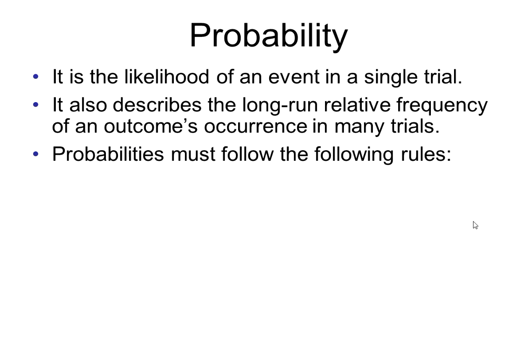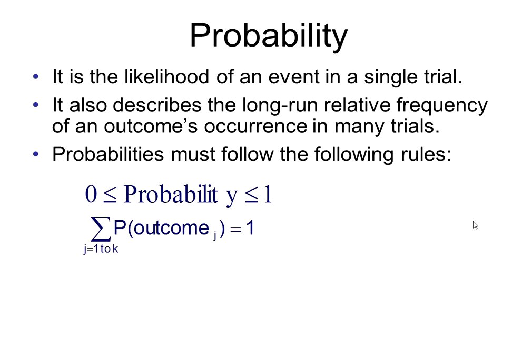And probability has some very strict rules. Specifically, the value of probability is always between 0 and 1, including those. And the sum of the probabilities of all possible disjoint outcomes is 1. This big sigma sign denotes the summation.